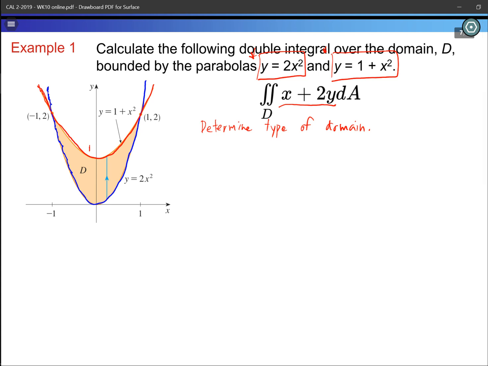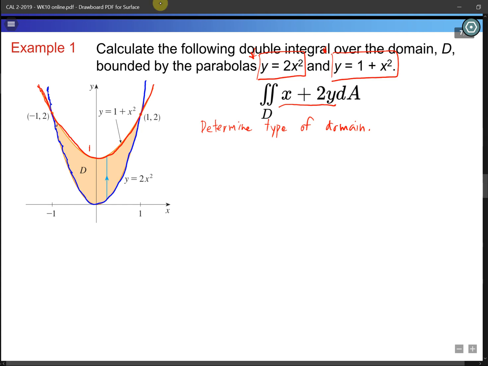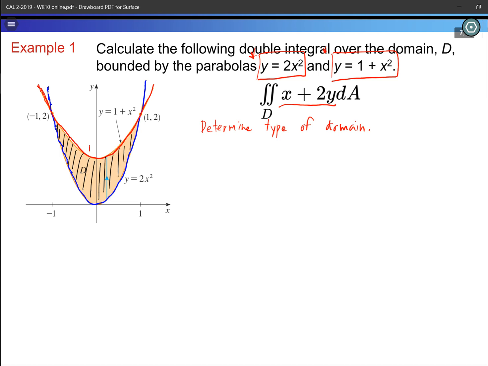So we have these two curves drawn on the graph, and with these two curves, we can see the enclosed area like this. And once we see this, we need to determine the type of the domain this one is.